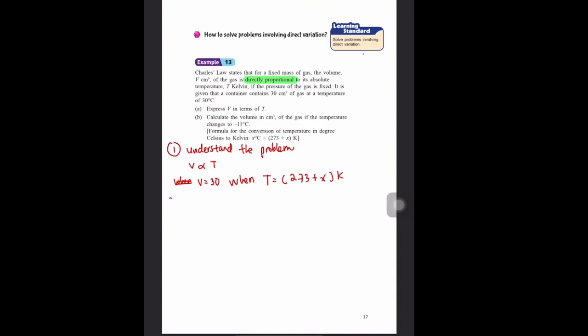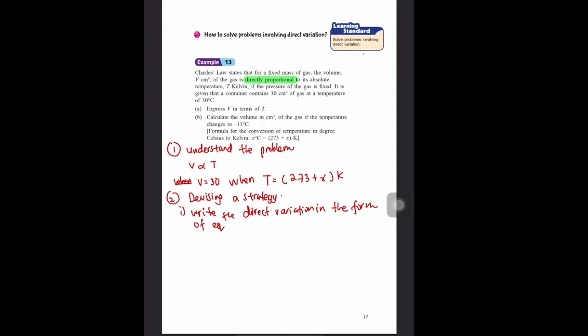Next, we need to have a strategy, devising a strategy. First, we need to write the direct variation in the form of an equation.